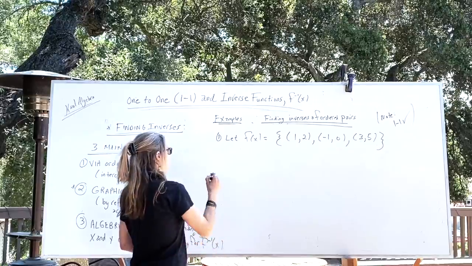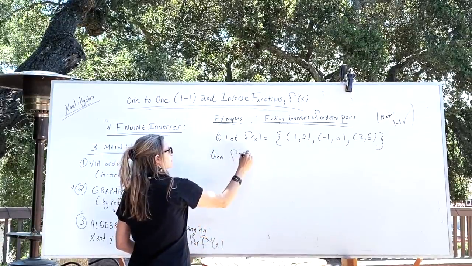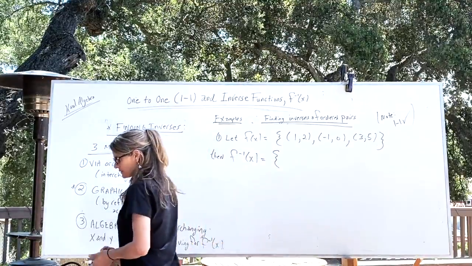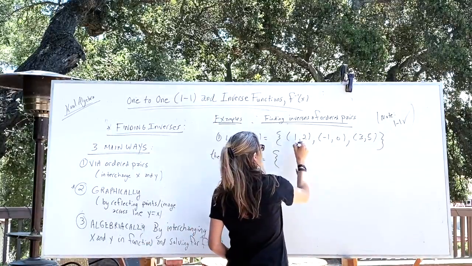Okay, so the inverse is then f inverse of x will equal, and all we do is swap our x and y values. We swap these.